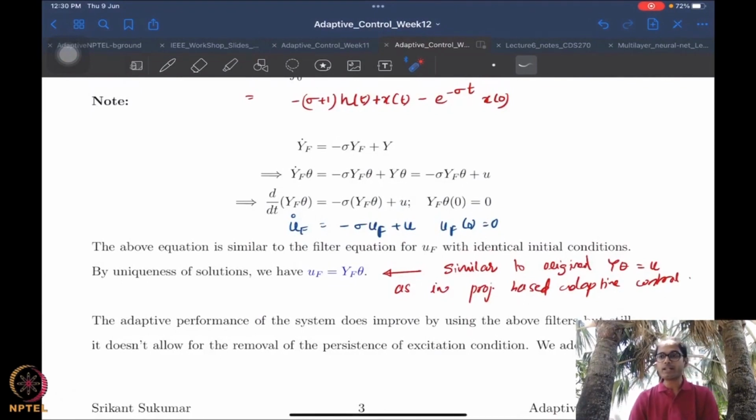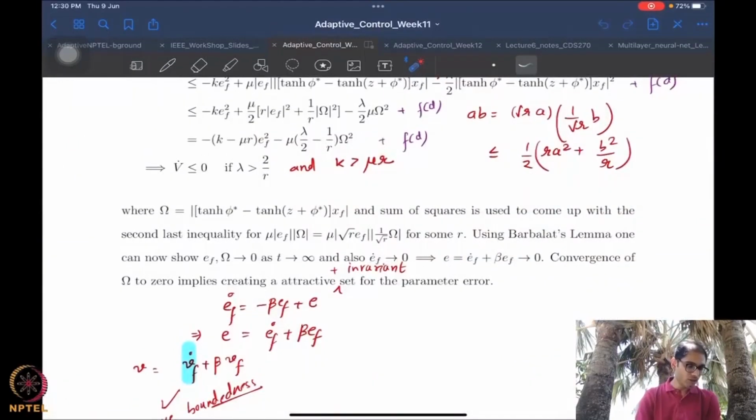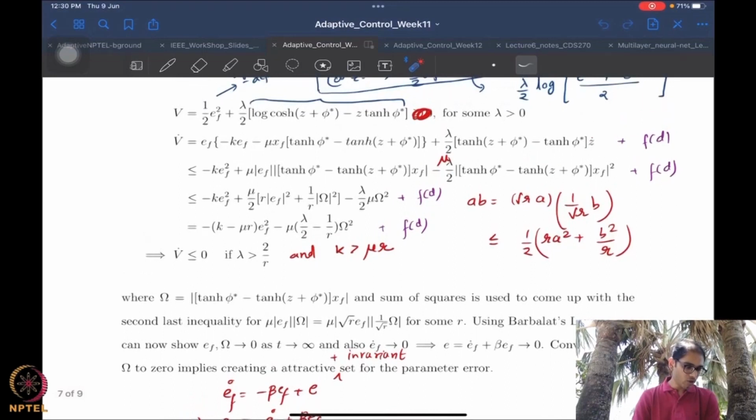You can expect to get this kind of convergence to some attractive set behavior, which improves the performance of the adaptive control. However, this does not allow you to get rid of persistence. Even here, all you are guaranteed to get is that omega goes to 0. And what was omega? Omega was some complicated function of the unknown.